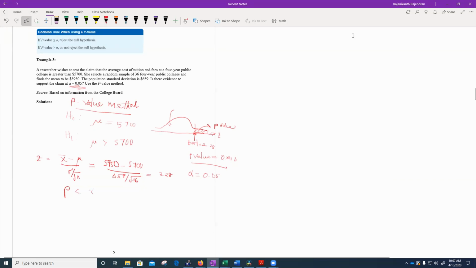Okay, so let me erase this and write it clearly. That is 0.0113. So this is much smaller than your alpha. Therefore, what is my decision?